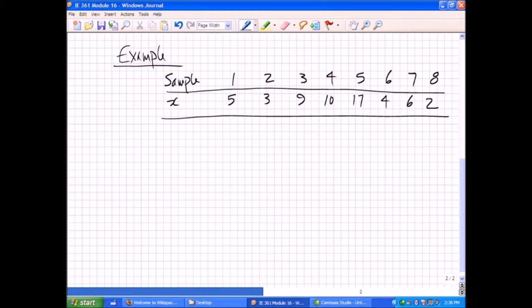If I'm stuck with samples of size 1, what can I do about control charting? So, what to do about short control charting?